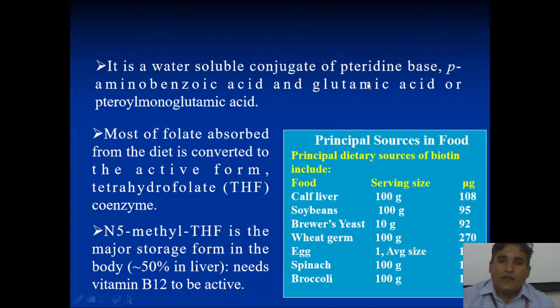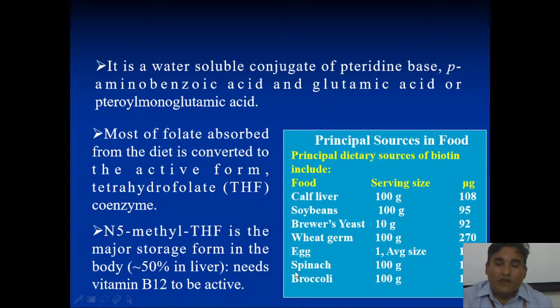And these are the principal sources. Calf liver again contains a rich source. Wheat germ is also a rich source. And soybeans, and eggs: one egg contains 100 micrograms.